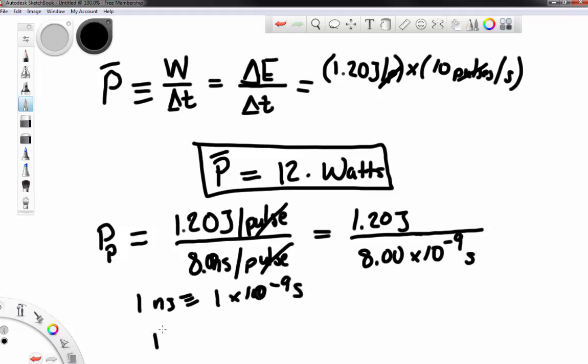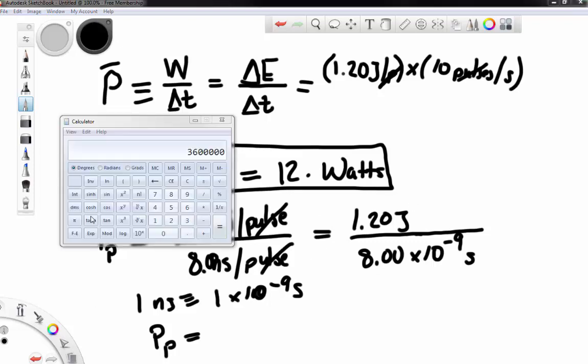Okay, so that means that the peak power of such a pulse is going to be given by 1.2 joules divided by 8 nanoseconds. That was just divided by the 8 part, so now I've got to put in the nanoseconds part. The way that I do that is I'm going to use this 10 to the x function, but I need to have the power first, and then I put in the 10 to the x.